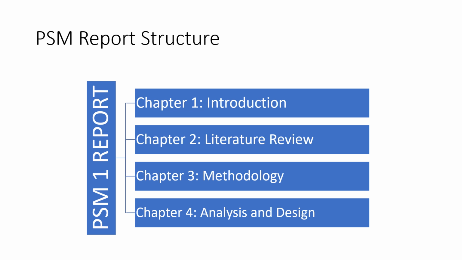Importantly for the PSM, the other section under the literature review is a comparison of the existing systems that exist in the market or in the application of the domain.